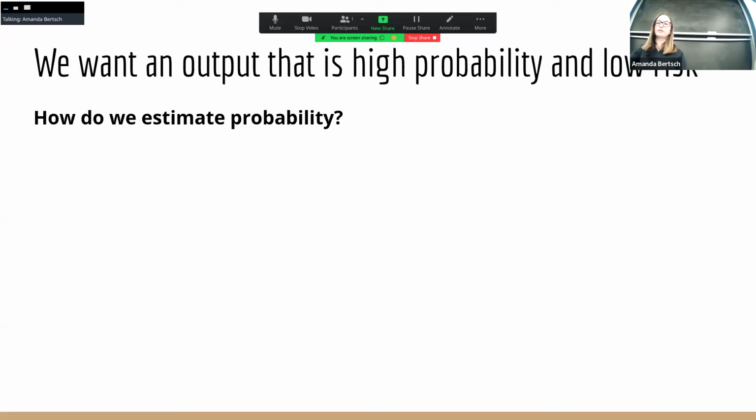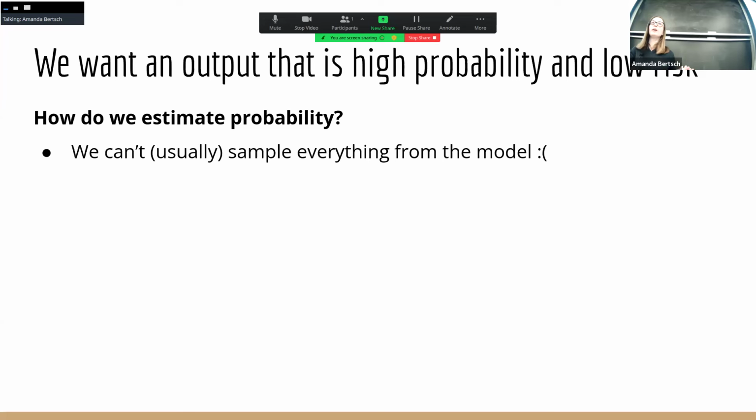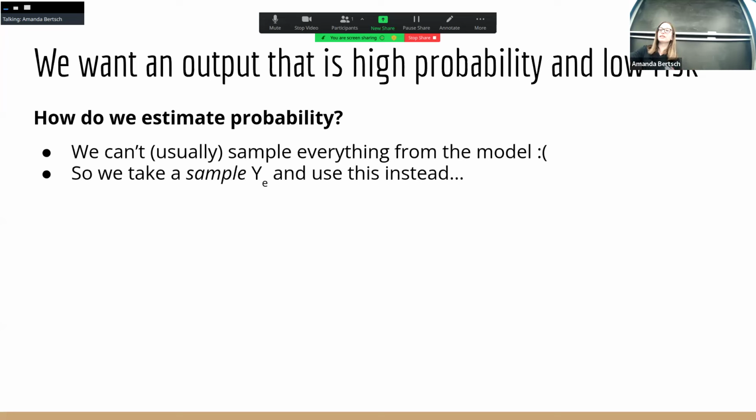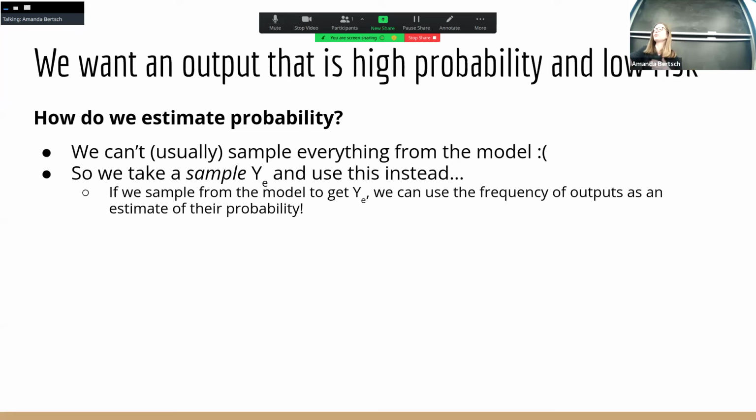So how do you find something that's high probability and low risk? There are 2 questions here, right? We have to figure out how to estimate probability. And if we're looking at a set of outputs like the 6 we saw before, maybe we can just do this by counting, right? We could sample everything from the model and get exact probability. Or we could take a sample from the model and just look at probabilities in that set. And from that sample, one reasonable thing to do is just count frequency, right? If something's in our sample twice as often, we just say it's twice as frequent, or it's twice as probable.